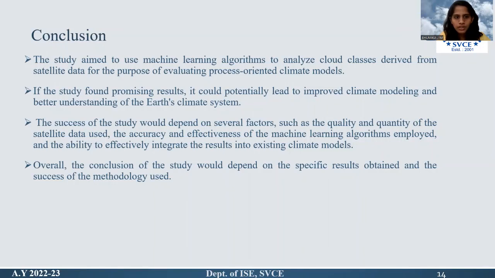The success of the study would depend on several factors, such as the quality and quantity of the satellite data used, the accuracy and effectiveness of the machine learning algorithm employed, and the ability to effectively integrate the results into existing climate models. Overall, the conclusion of the study would depend on the specific results obtained and the success of the methodology used.